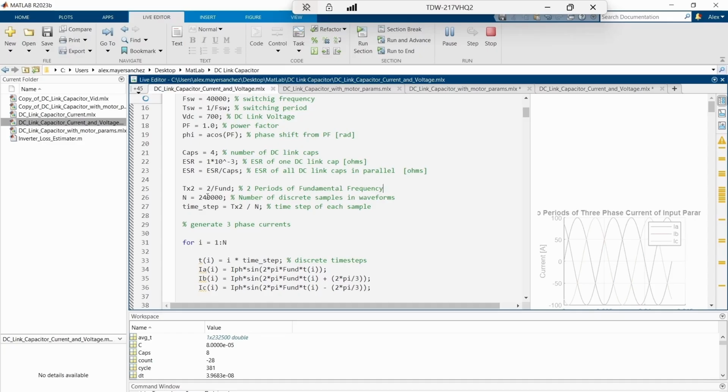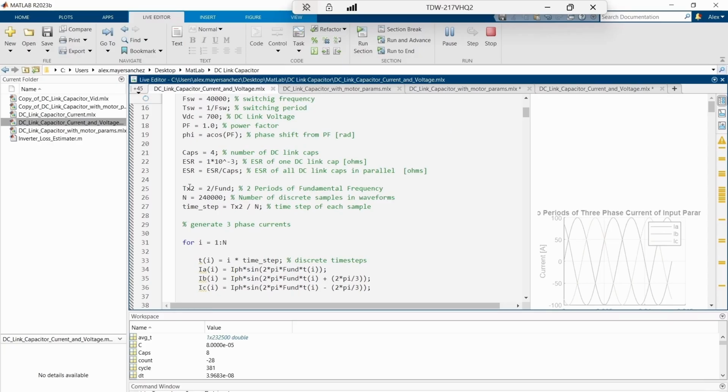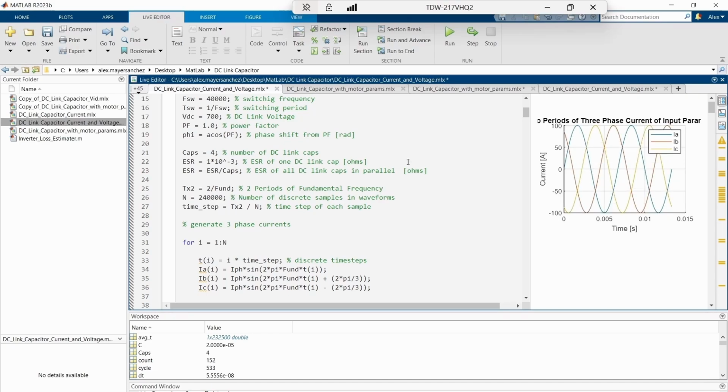This variable is just representing 2 fundamental periods of the sinusoidal load. So the inverse of the fundamental frequency is going to be 1 fundamental period, so then multiplied by 2, because I want 2 fundamental periods in my plot right here.